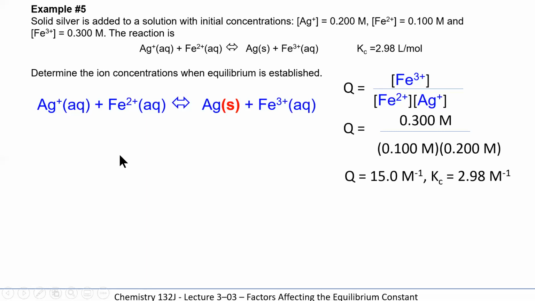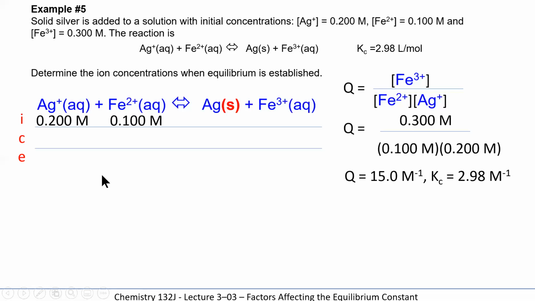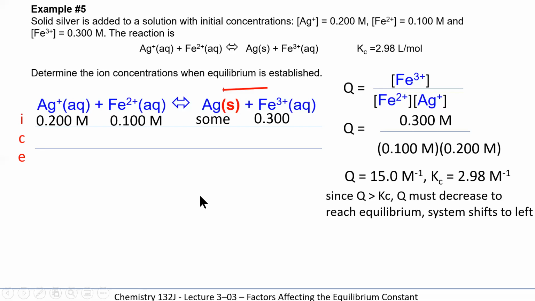These quantities are not at equilibrium. It will reach equilibrium, but the system has to shift from right to left in order to establish the equilibrium. So we knew the quantities of those ions that were present. And now we know it has to shift from right to left because we compared Q to Kc.